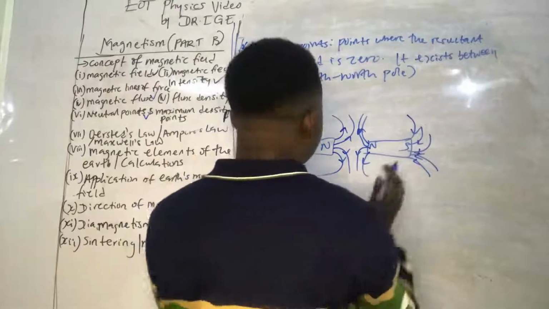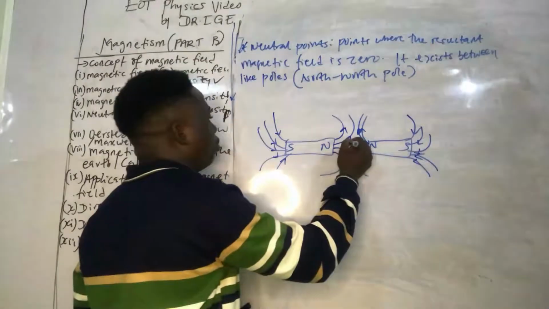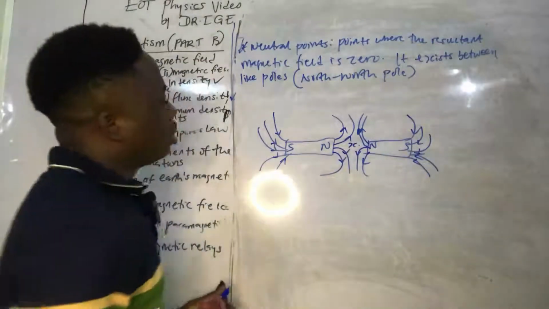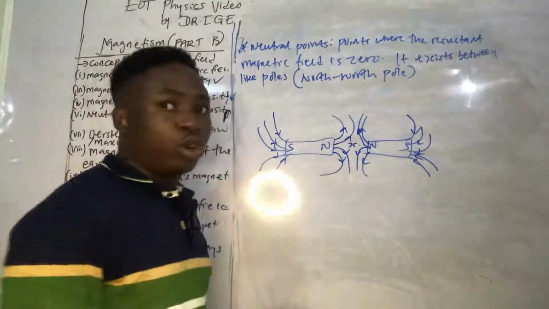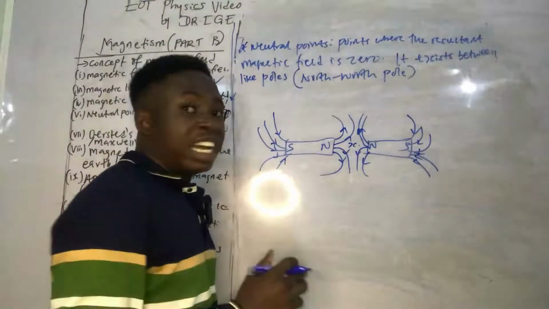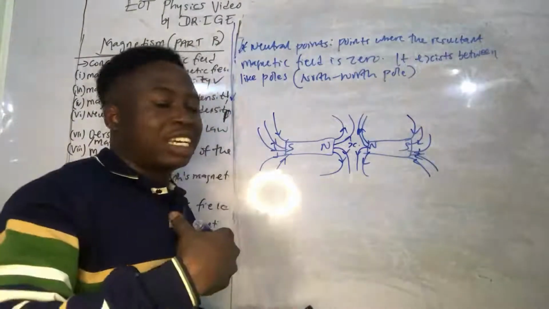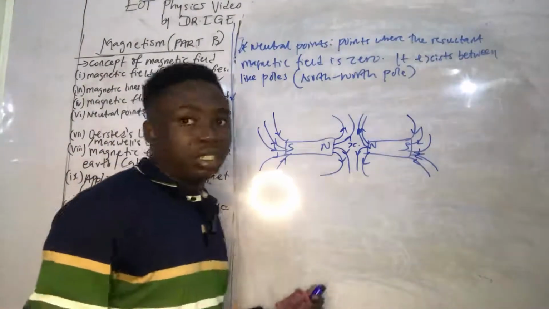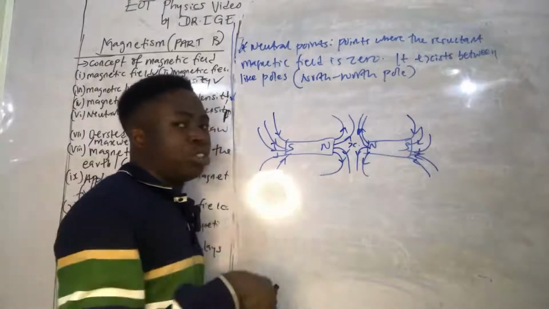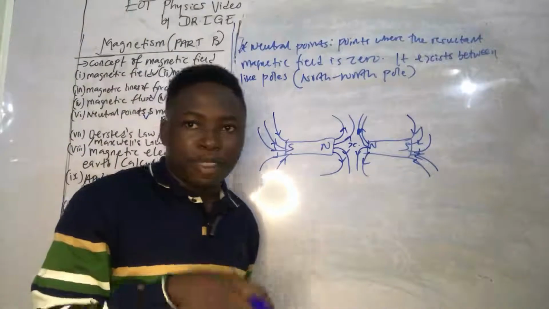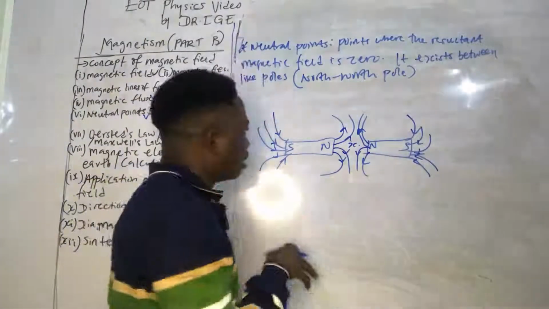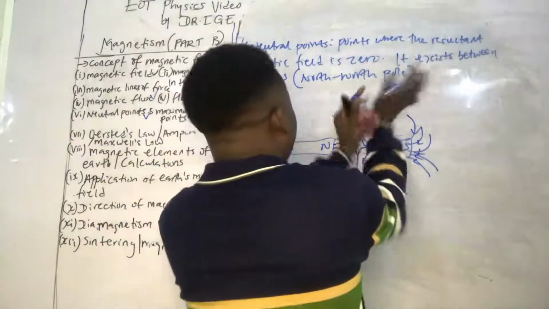Okay, look at this middle point. The magnetic lines of force help us understand the direction of the magnetic field, and how concentrated or strong the field is around that area. If you look at this, the lines are moving out of it.